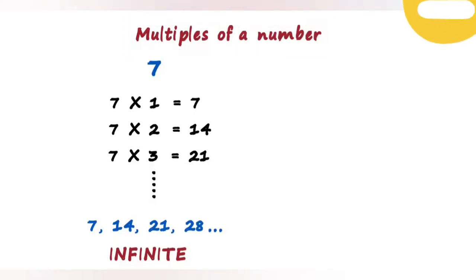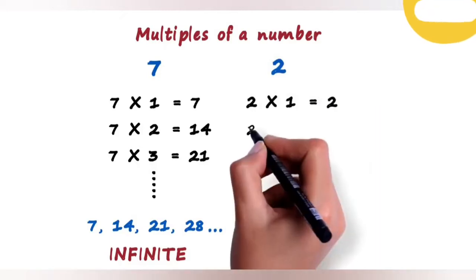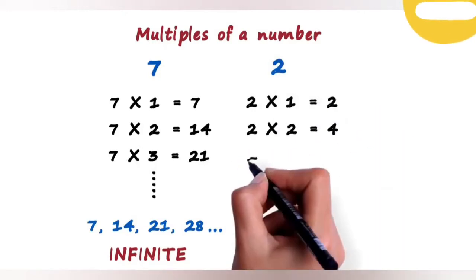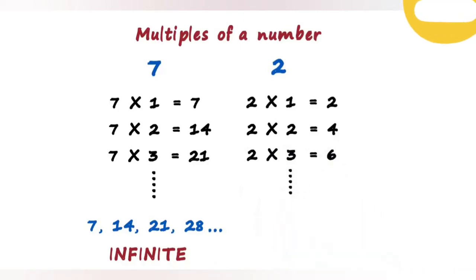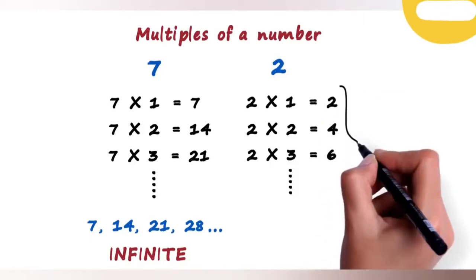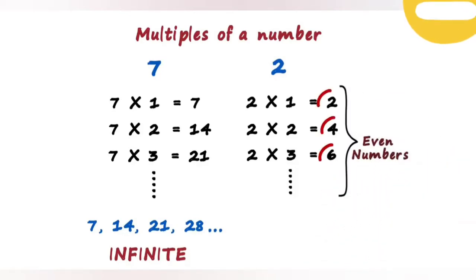The concept of multiples gives us a very important result. Let us find the multiples of 2. 2 times 1 is 2. 2 times 2 is 4. 2 times 3 is 6. And the multiples of 2 continue. What's special about the multiples of 2? All the multiples of 2 are called even numbers. Yes, all the multiples of 2 are even.